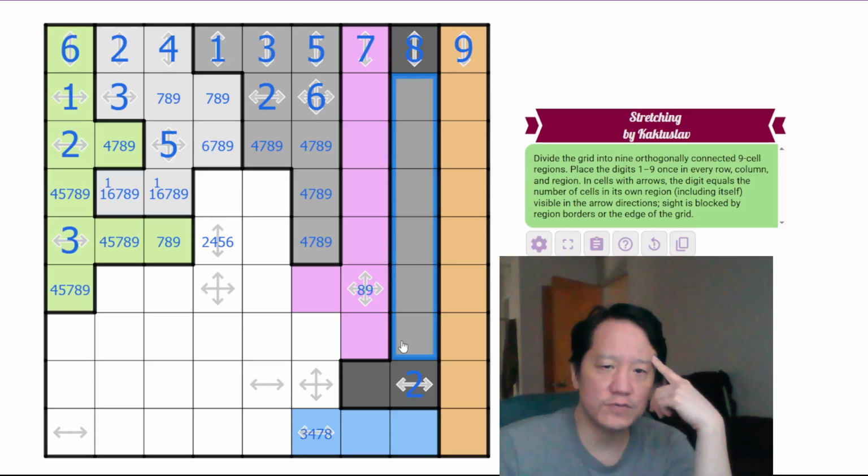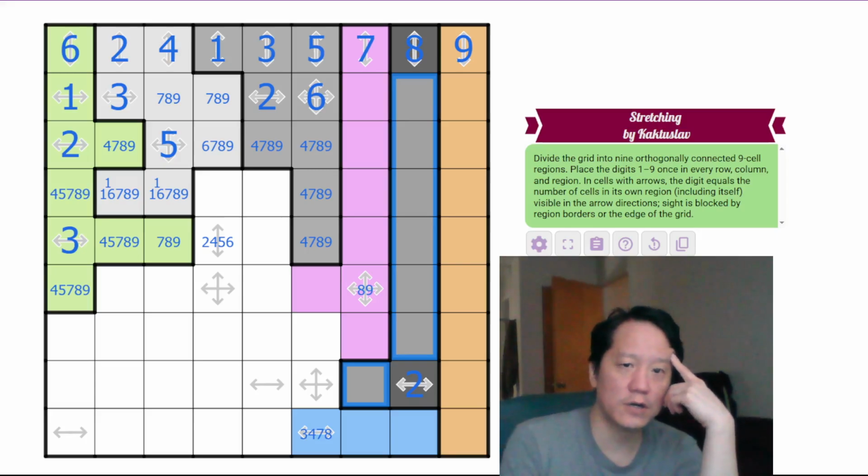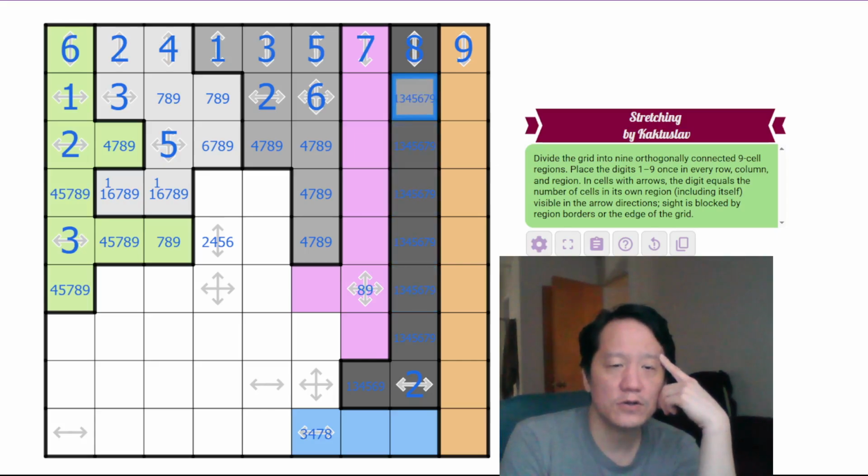Remaining digits of dark are 1, 3, 4, 5, 6, 7, 9. Obviously no 7 there. No 1, 3, 6 here. No 5 here. No 3 there. This is then the same as that digit. 1, 3, 4, 5, 6, 9.